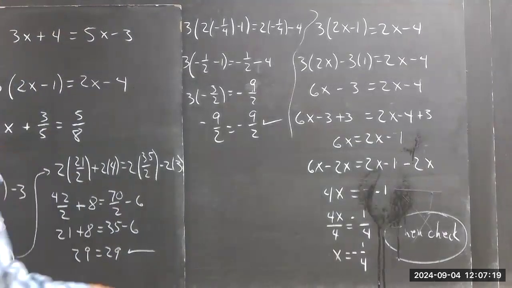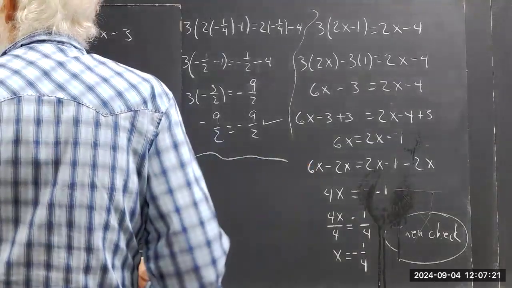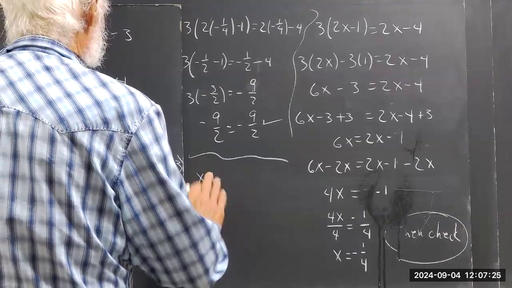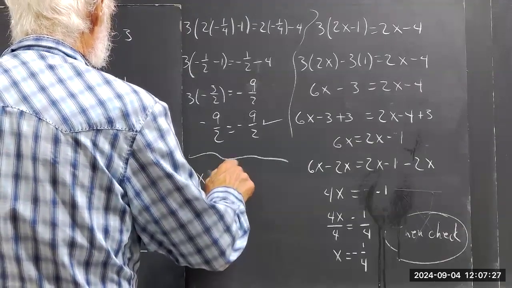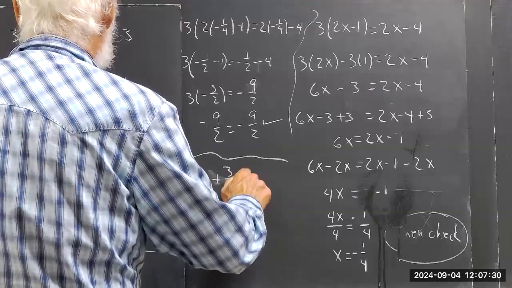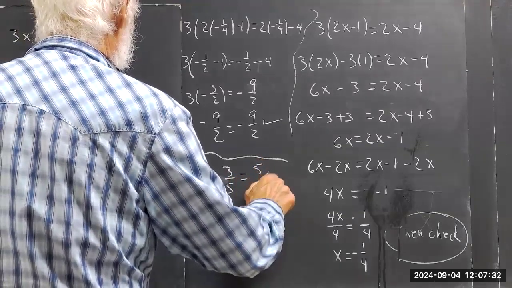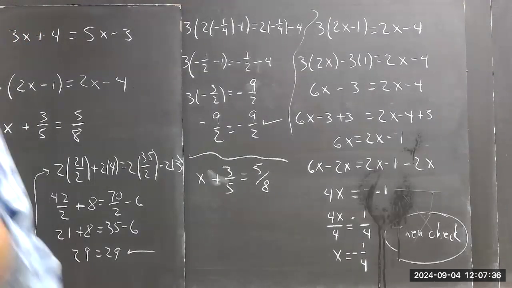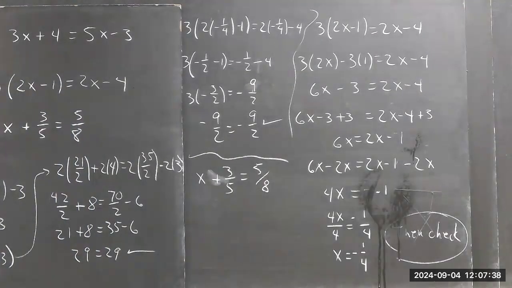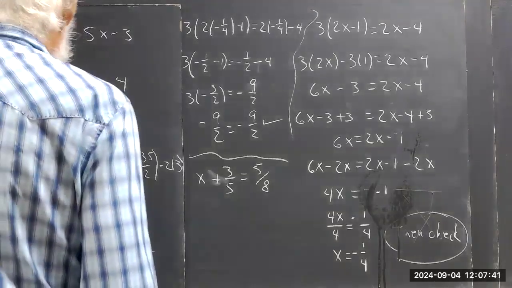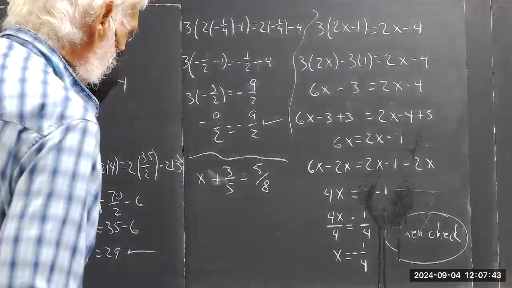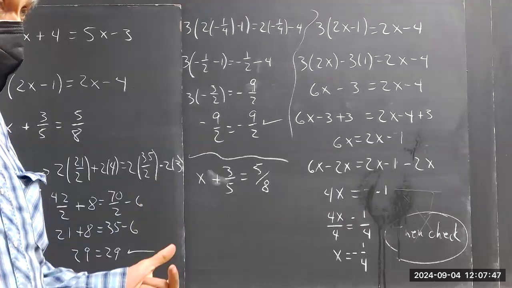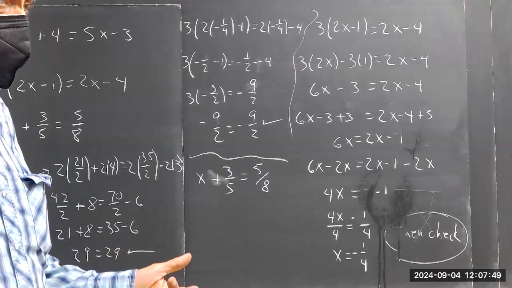Now, I want to look at this last equation, which is x plus 3/5 equals 5/8. Anytime you have denominators in a fraction, find the common denominator, multiply by both sides.